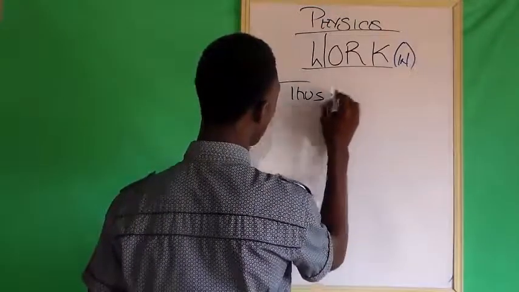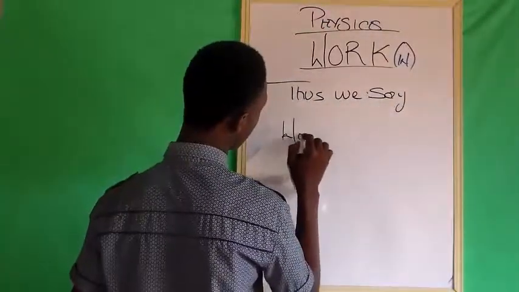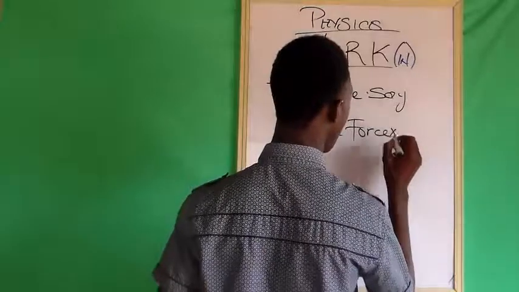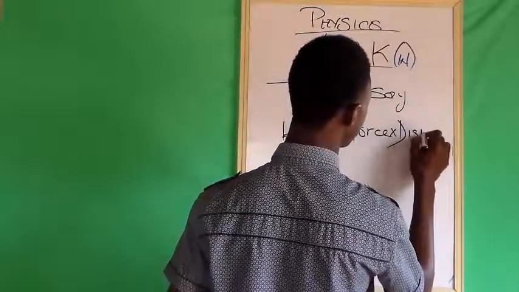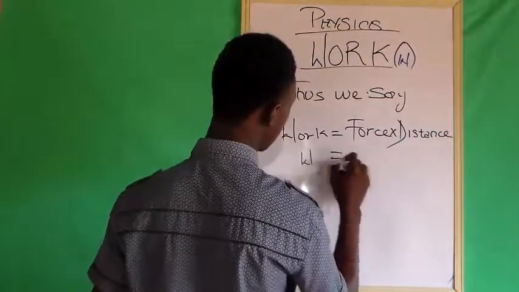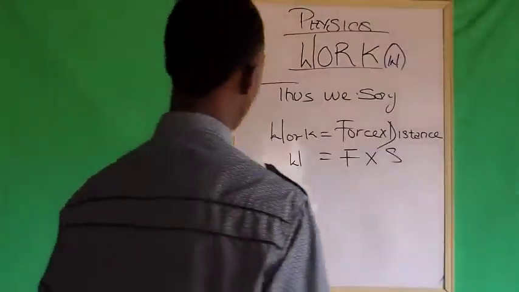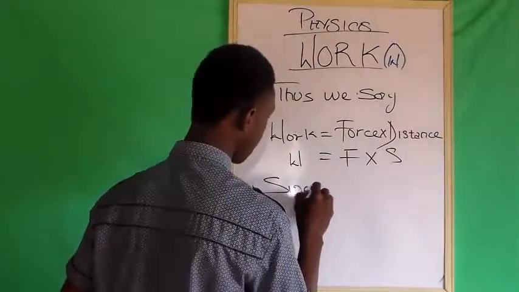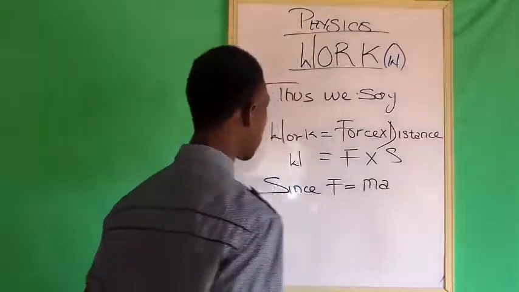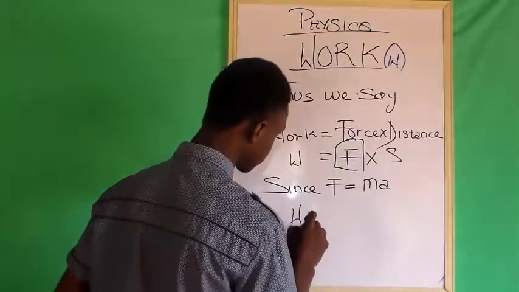Thus, we say work is equal to the force multiplied by the distance. Since force is equal to mass times acceleration, we cover up the force and put mass times acceleration.